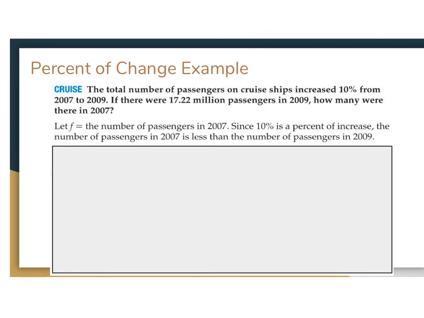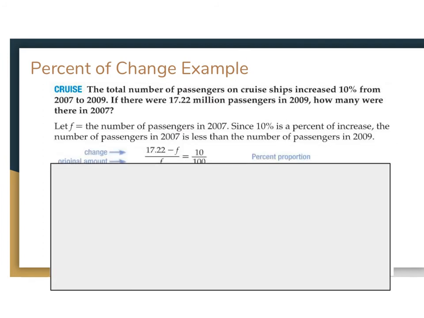We're going to let F equal the number of passengers in 2007. Since 10% is a percent of increase, the number of passengers in 2007 is less than the number of passengers in 2009. So how would we go about solving that?